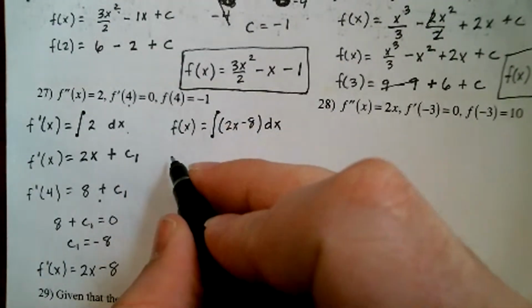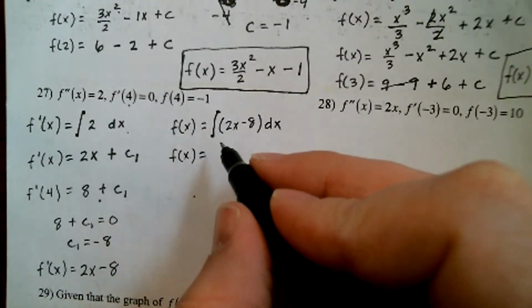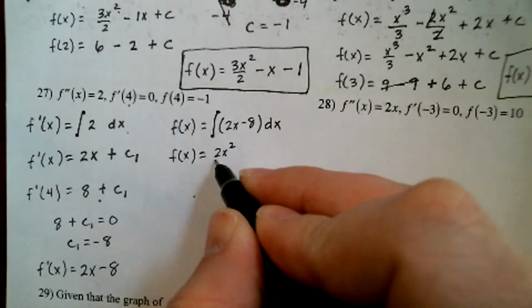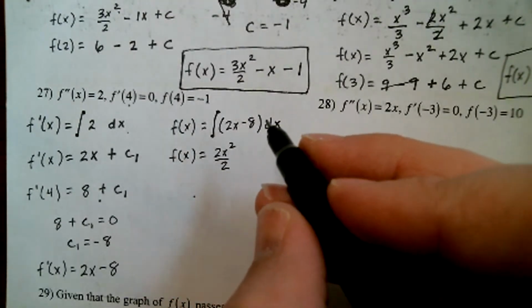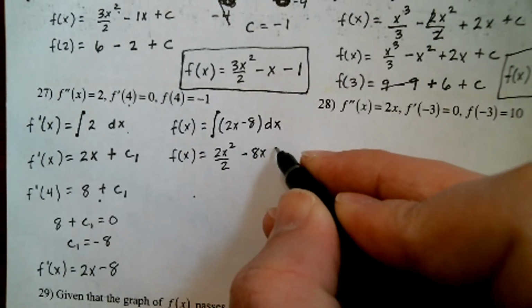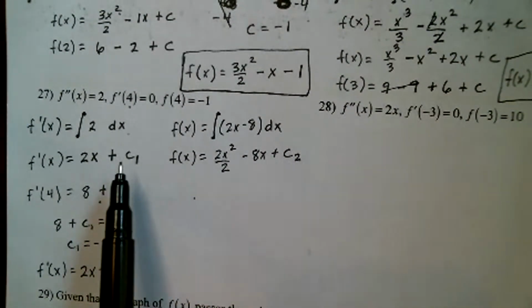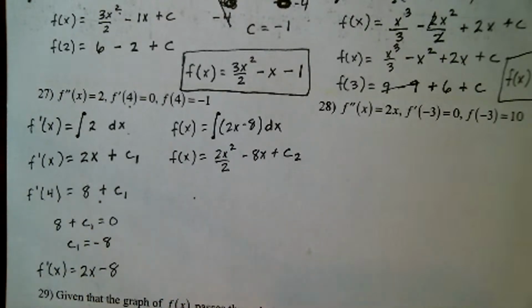Then I get f of x is equal to 2x squared over 2, minus 8x, plus, and we'll just call that c sub 2. These two aren't going to make a difference. I just didn't want c to be the same in the problem.